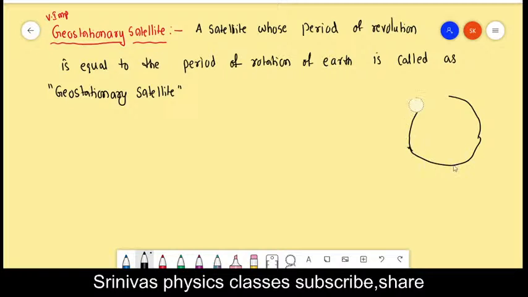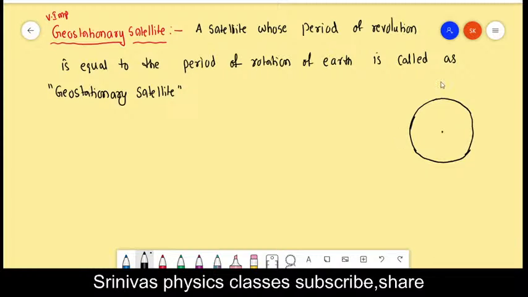I will draw the diagram again. The geostationary satellite revolves around the earth.